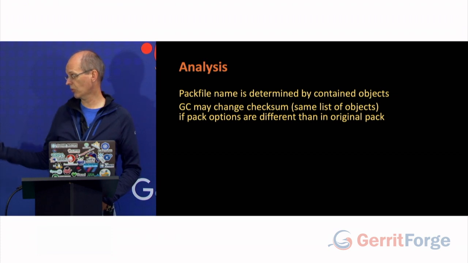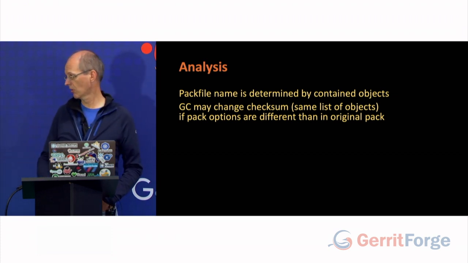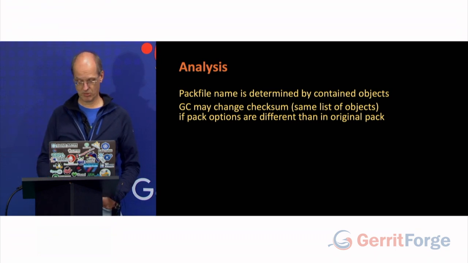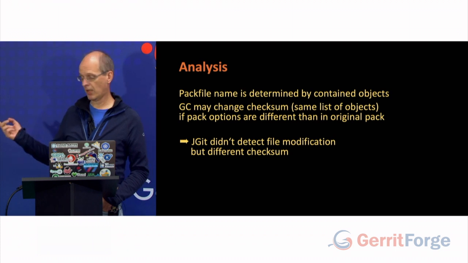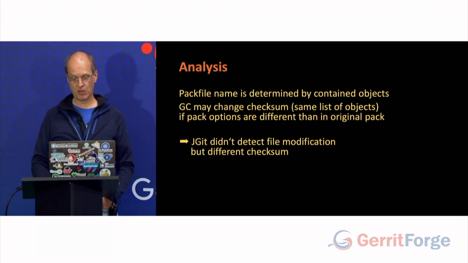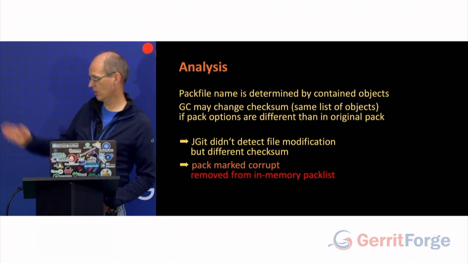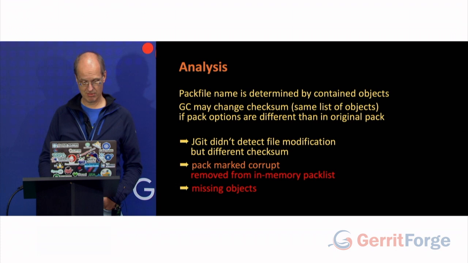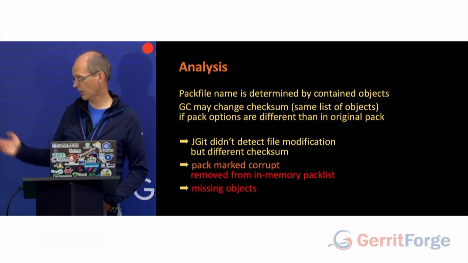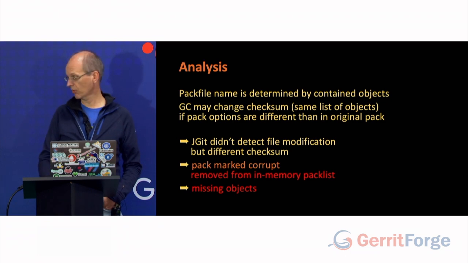So this may happen, for example, if a user pushes a pack file, this just ends up on disk, and then you run GC with different pack options. And JGit didn't detect that this file was modified, but it found that there's a different checksum. So it thought, okay, this pack is corrupt, and removed it from the pack list. And this had the consequence that all the objects in the pack file were no longer visible.